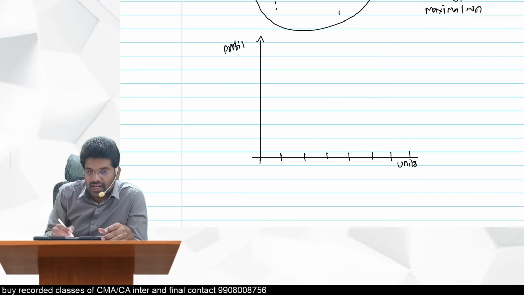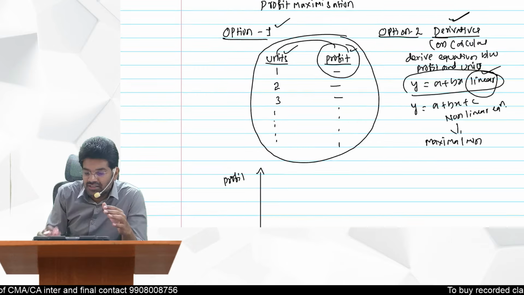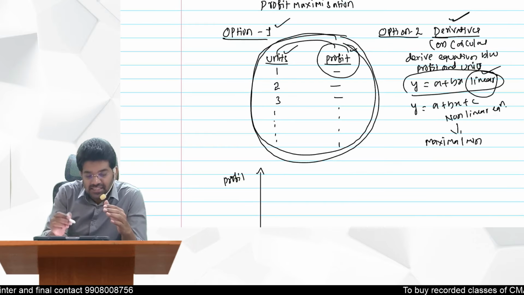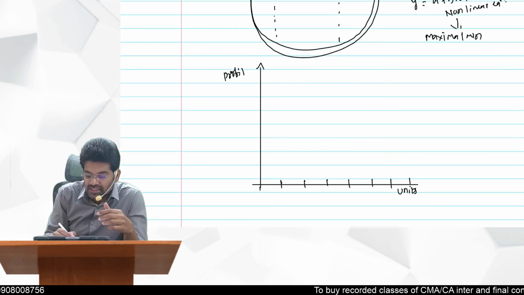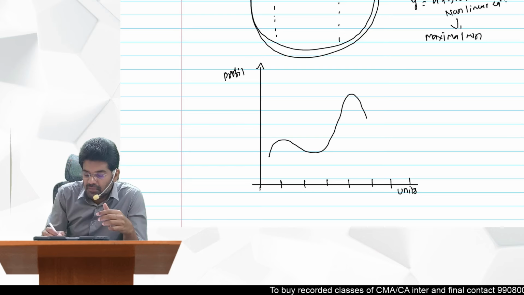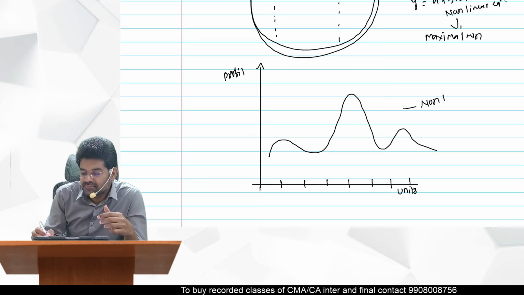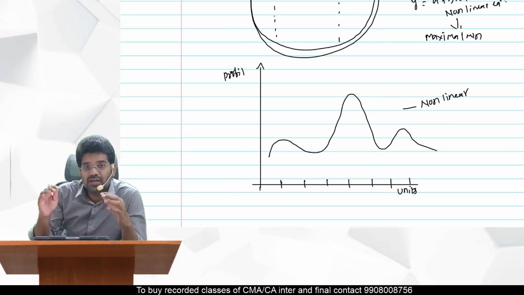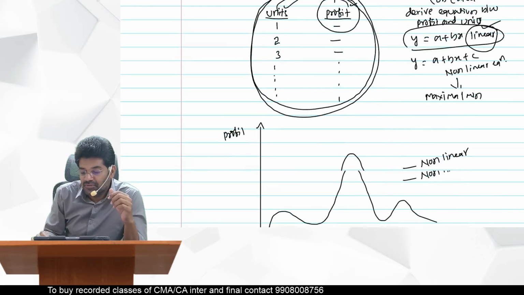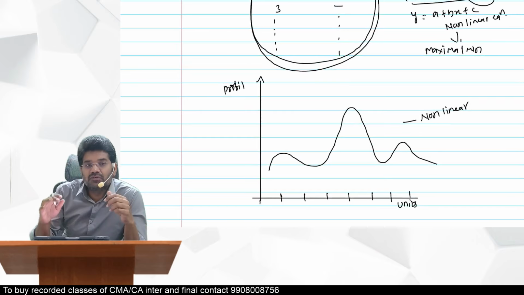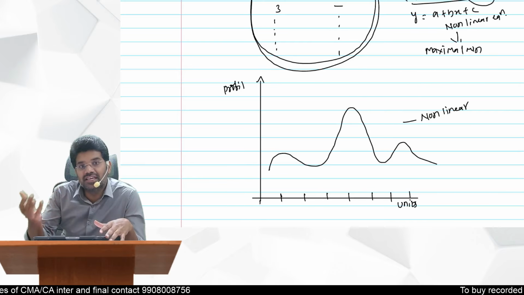So now when I try to depict this equation, if I take these units and profit and try to draw here, then it might be like this, which is non-linear, because this particular derivatives concept is applied only for non-linear relationships. Now my objective is to get the maximum and minimum profit for a non-linear thing.